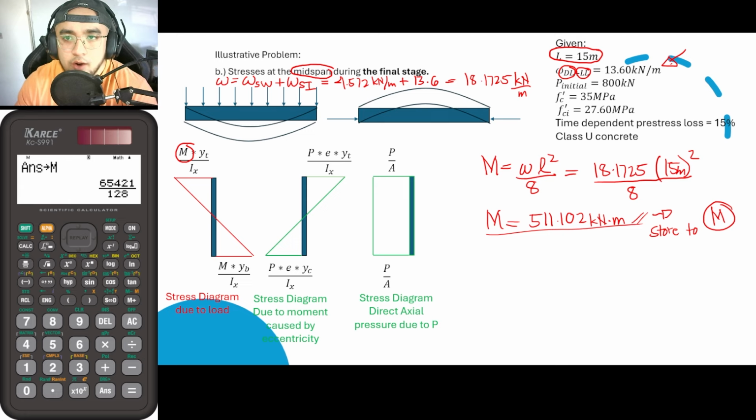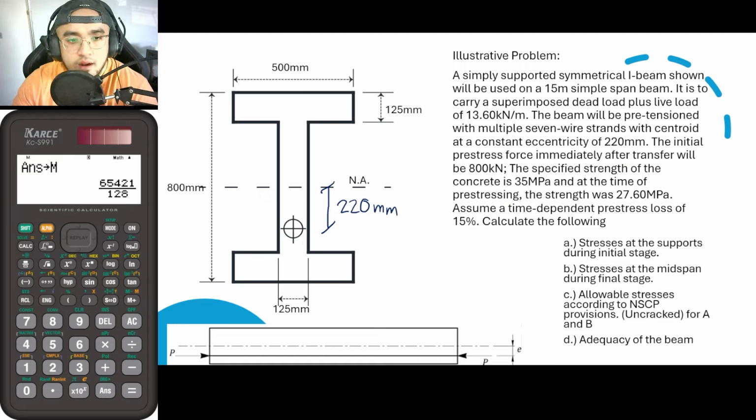Okay, so since we are already in the final stage, if I am to go back to our problem, it is said here that the value for P is equal to 800 kilonewtons. But take note, this P of 800 kilonewtons is only true if it is immediately after transfer. So this is just the initial. And it was also stated in the problem that it has a time-dependent pre-stress loss of 15%.